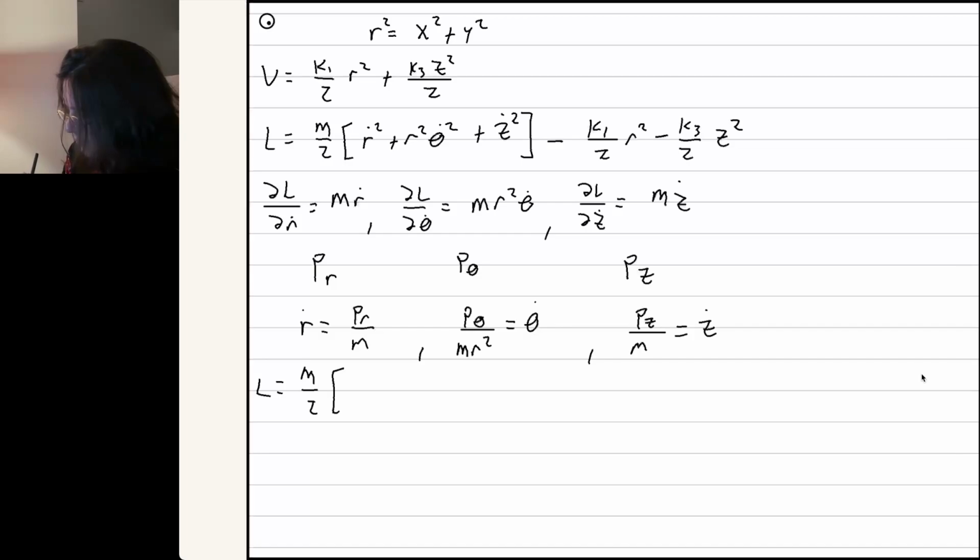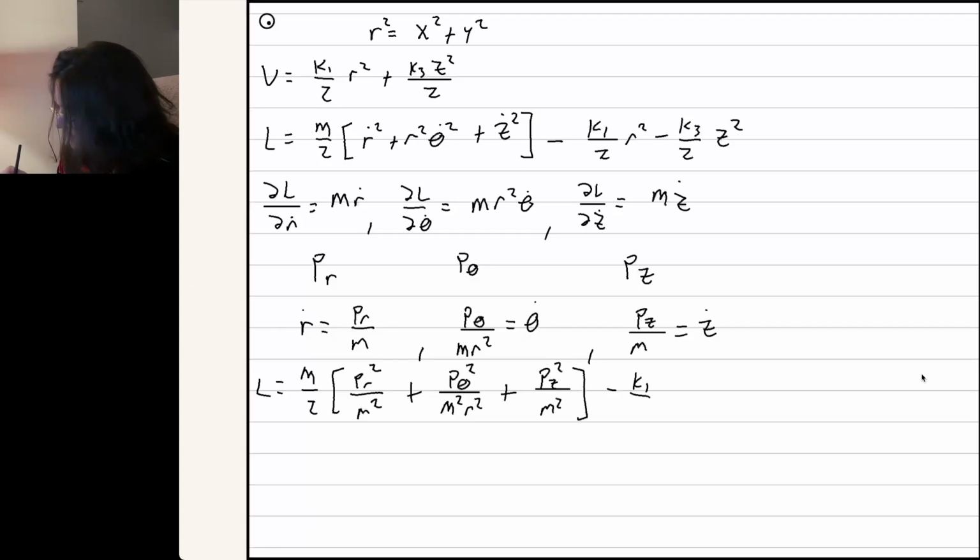We'll have m over 2 times p r squared over m squared plus p theta squared over m squared r squared plus p z squared over m squared, minus the potential terms.